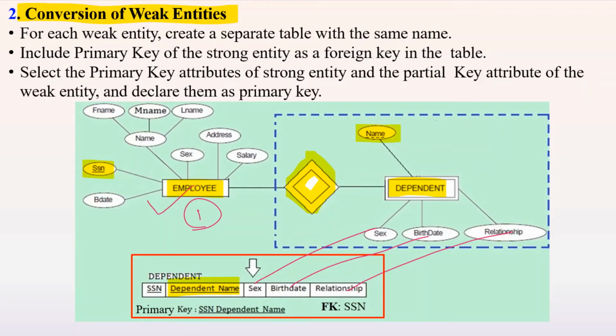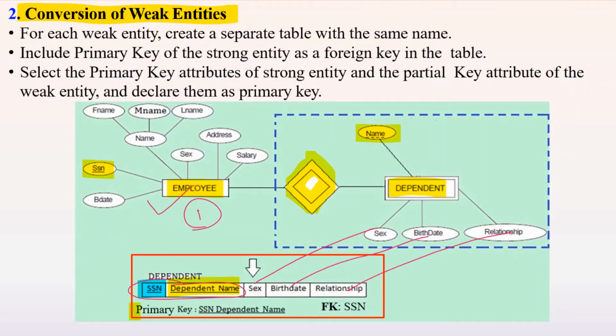But to identify each and every dependent uniquely, we take the primary key of the strong entity set, which is SSN. By doing this, the combination of these two fields, SSN and dependent name, becomes the composite primary key for this table.